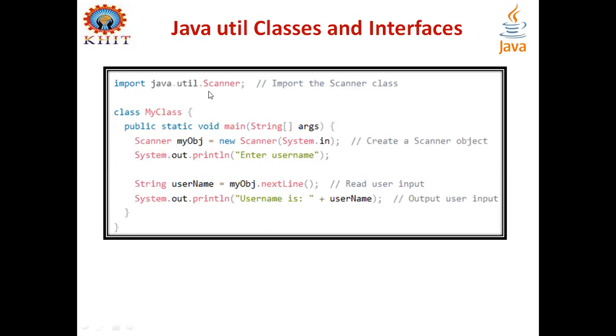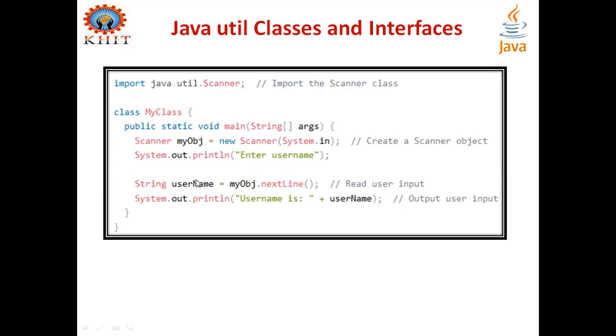Import java.util.Scanner, importing the Scanner class, and inside my class, in the main method, I'm first creating an object of this Scanner class using the Scanner constructor, connecting to the system input stream, and I'm giving one input statement like "Enter username".